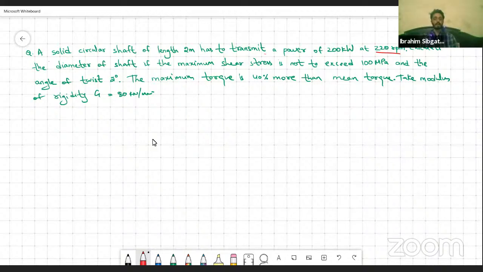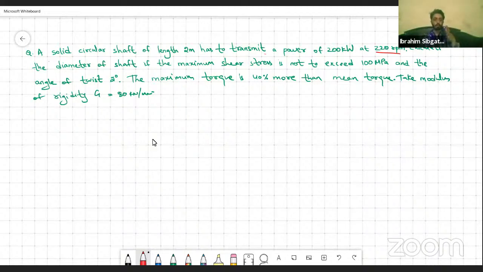Then, calculate the diameter of the shaft if the maximum shear stress is not to exceed 100 MPa. So wherever the maximum shear stress value is given, it should be taken as 100 MPa. MPa stands for Newton per mm square.